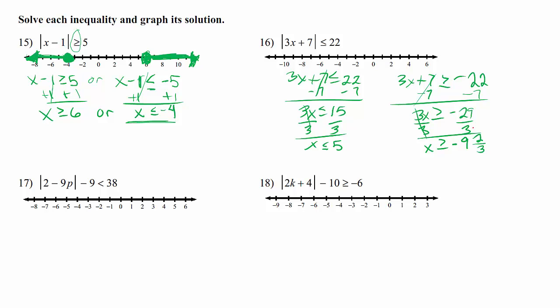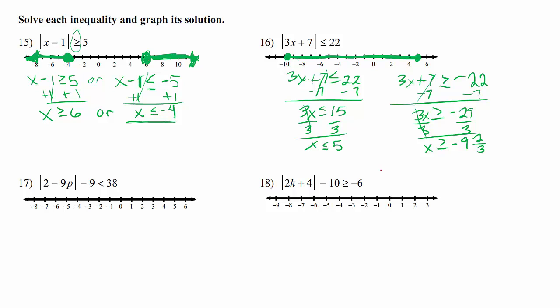When we graph this, we know it's on 5. Negative 9 2/3 is in between negative 9 and negative 10. So you probably don't have to be super precise there, just as long as you're between those two numbers, or being pretty close to 10 is also pretty good, but it does shade between those because it's less than or equal to 5 and greater than or equal to negative 9 2/3.